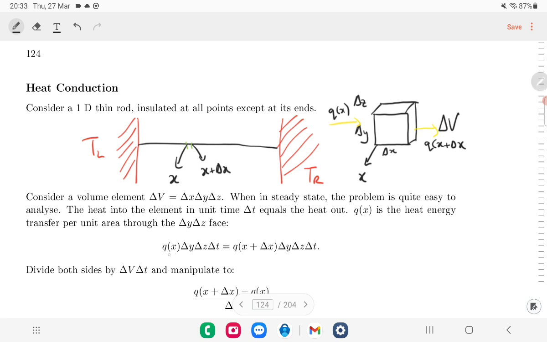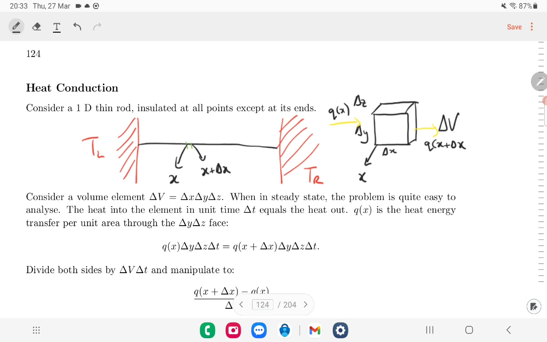So we do energy per unit area per unit time. If you multiply that by the area and the time, you get the heat in. On the other side, heat energy per unit area per unit time times area times time gives exactly the heat out. So you get heat in equals heat out.